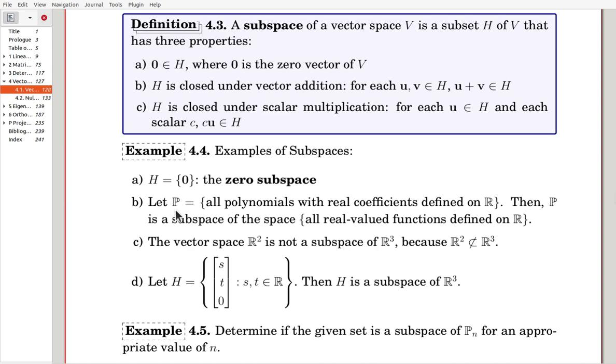Now P is all polynomials with real coefficients defined on the real line.